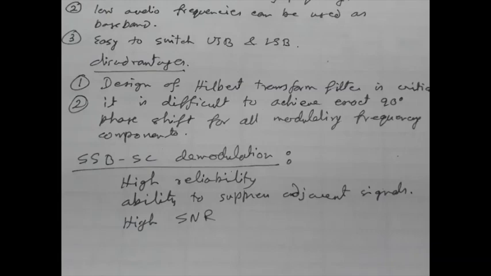So the problems associated with synchronous detector are the same as those of the carrier reinsertion technique. The only thing is that in synchronous detection we have to multiply the incoming signal with the locally generated carrier, but in carrier reinsertion technique we have to add them. So that's the only change.